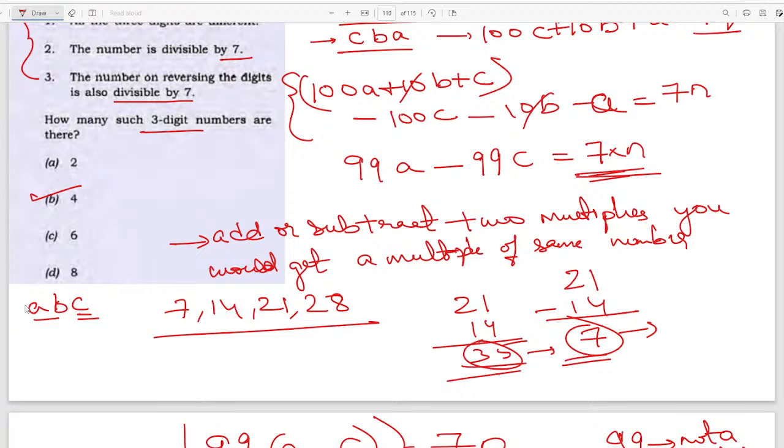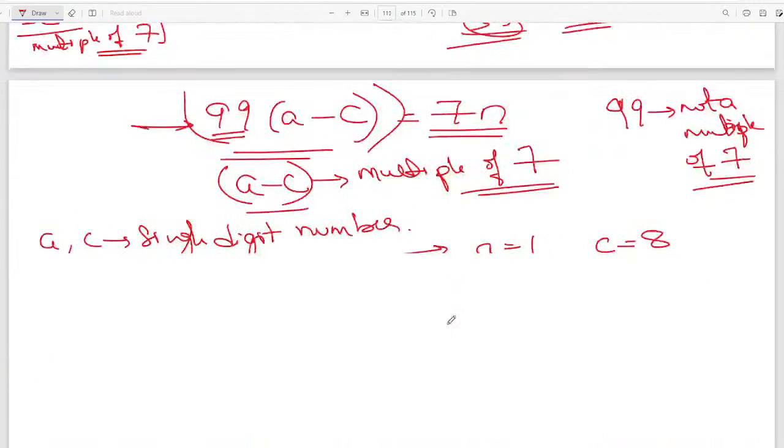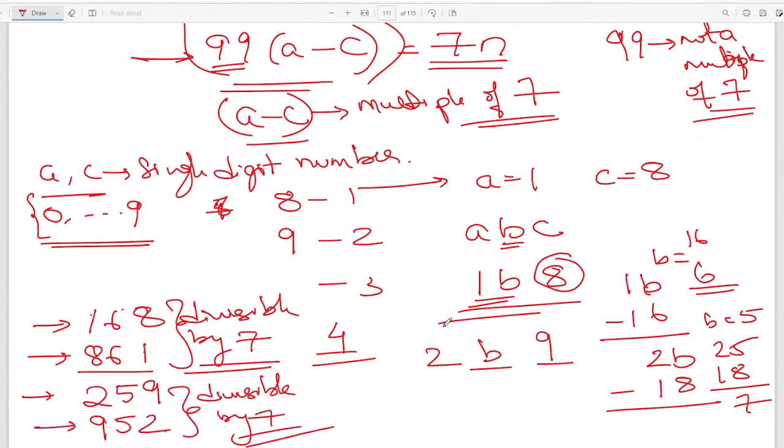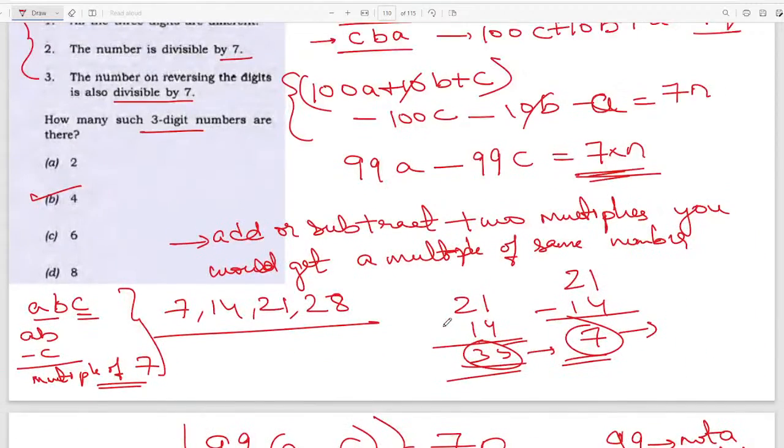So AB minus 2C in this rule should give you a difference that is a multiple of 7. This was the rule that we had discussed in the first intro sessions that we did. In the same way, for example, in this case, this was 1B and 6, a 3-digit number. I'll just write it in a different color.